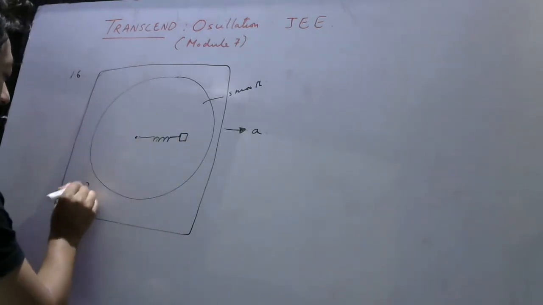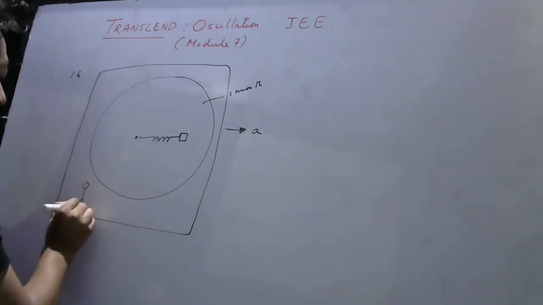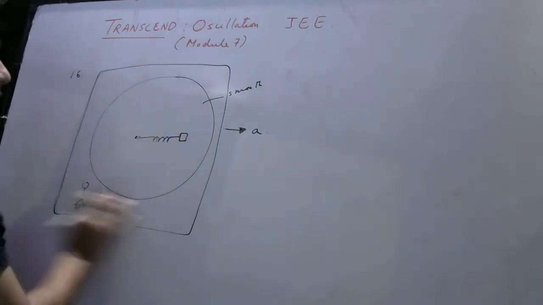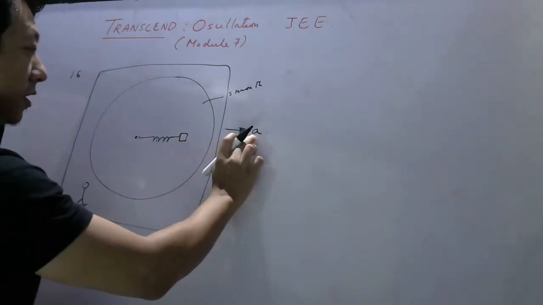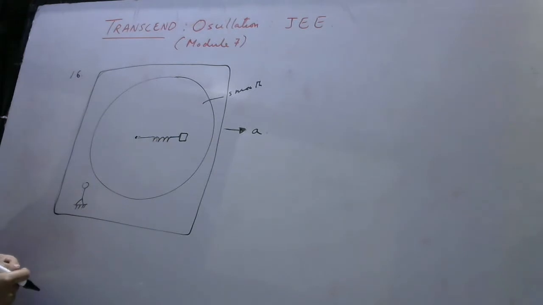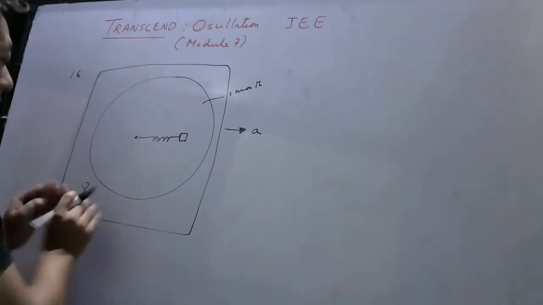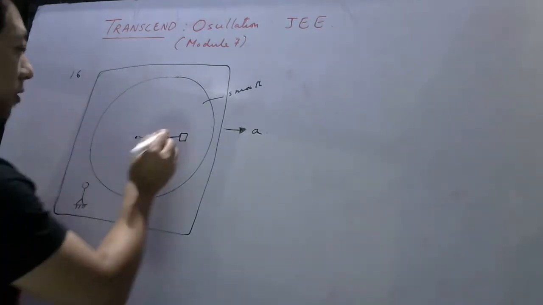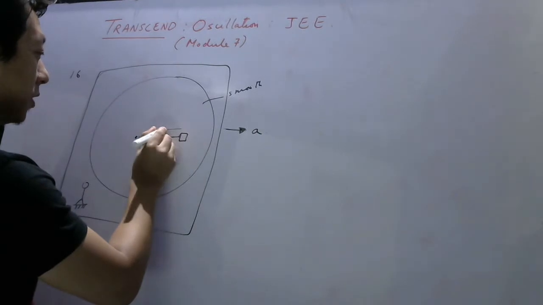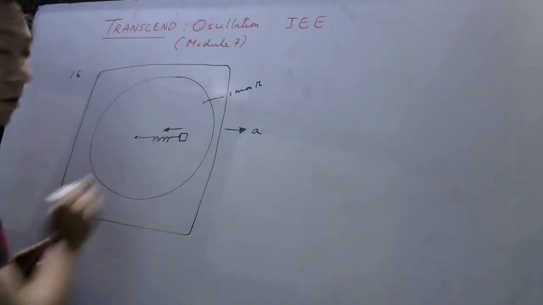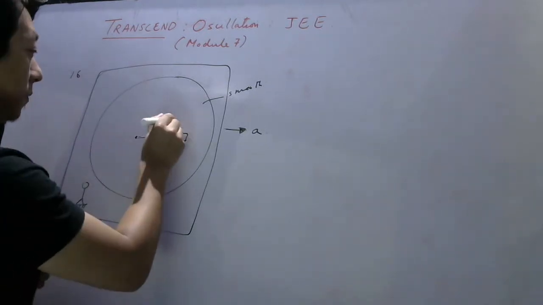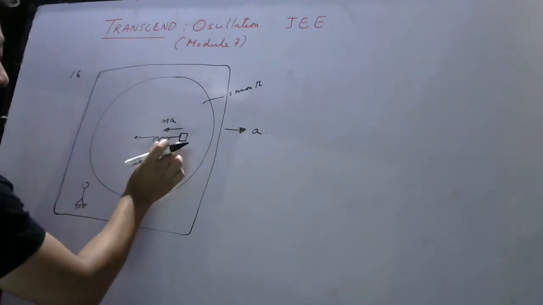Now if you are an observer in the table, in this lift, then this lift is accelerating with respect to the ground frame, right? So that means this frame is a non-inertial frame. So there will be a pseudo force in this direction, which will be ma.